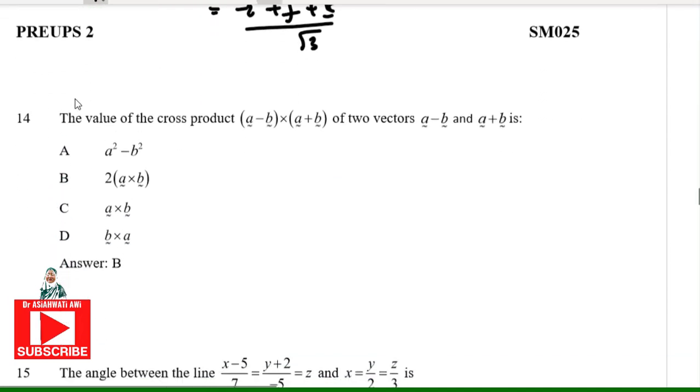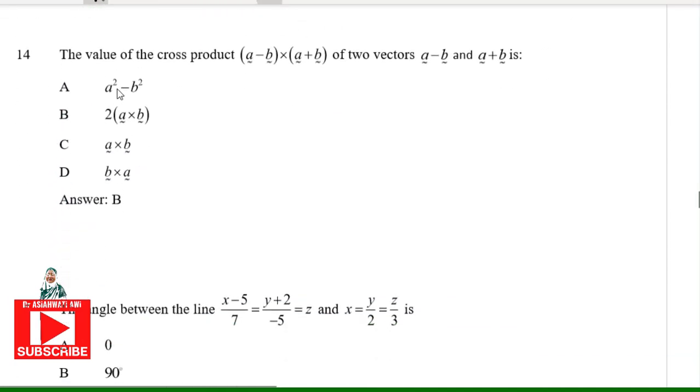Number 14. The value of the cross product of the two vectors a minus b and a plus b is... So we're going to find this expression. Given these two vectors, the value of the cross product.